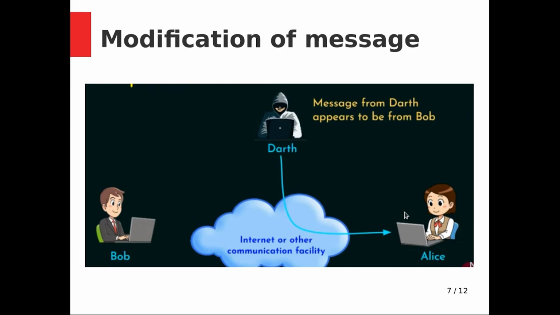He captures the message and sends messages which are not written by Bob but by the hacker. And Alice thinks that the message is sent by Bob, but the message is sent by the hacker. So these are the things done in an active attack.